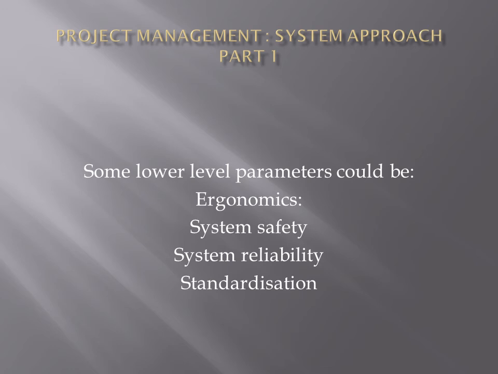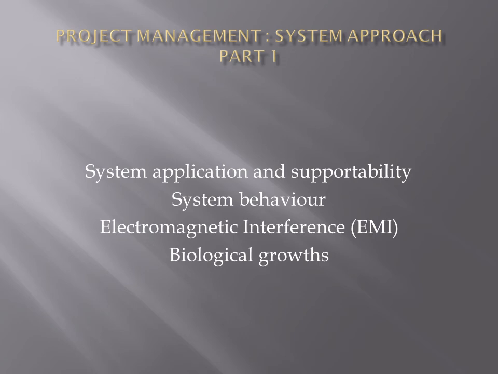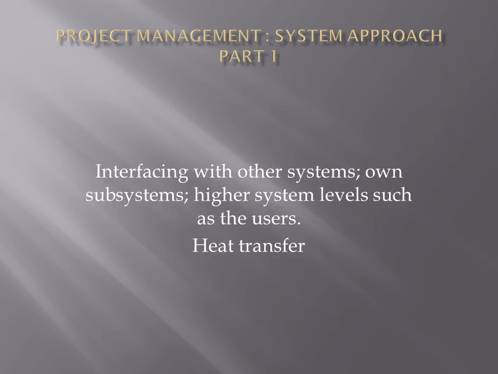Some lower-level parameters could be ergonomics, system safety, system reliability, standardization, system application and supportability, system behavior, electromagnetic interference, EMI, biological growth, interfacing with other systems, own subsystems, higher system levels such as users, heat transfer.